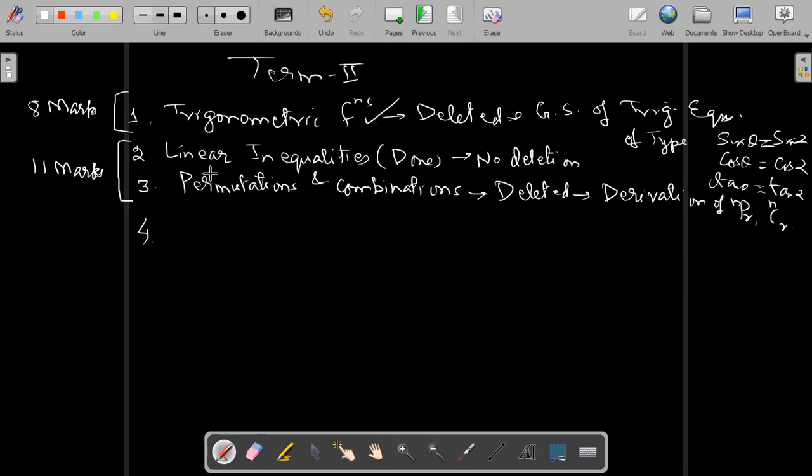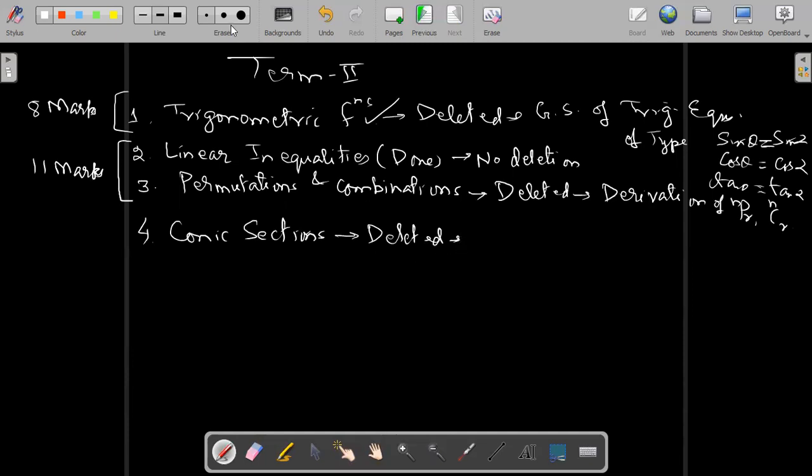Then conic sections. The deleted part is that a point, a straight line and a pair of intersecting lines as a degenerate case of a conic section.